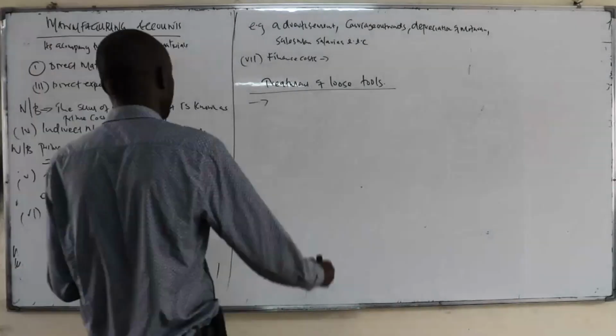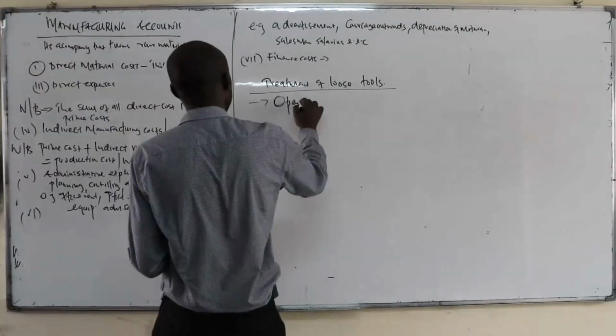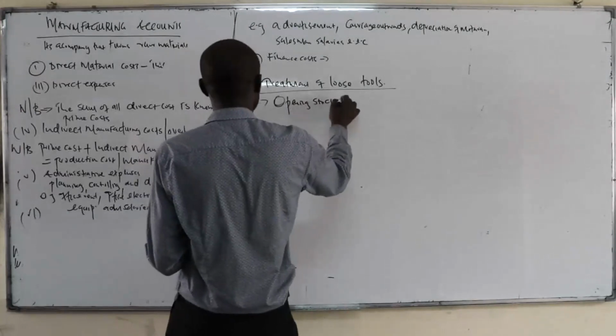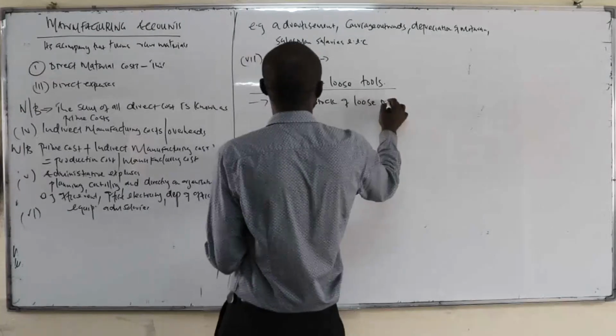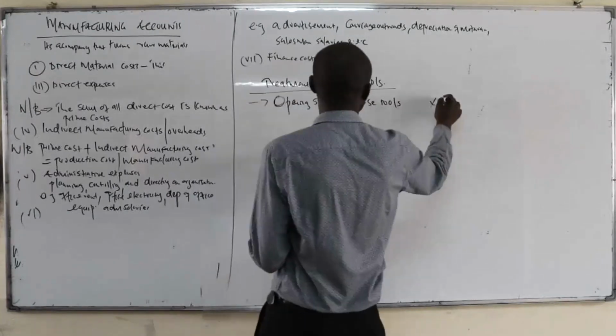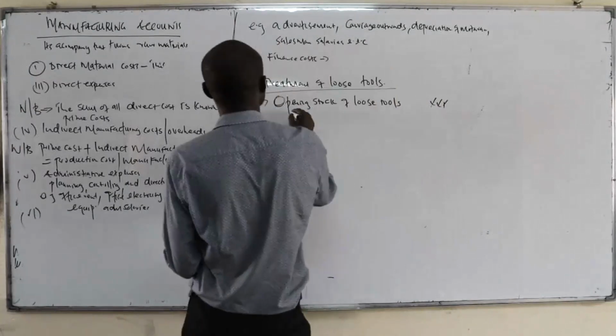It's determined as follows: opening stock of loose tools, then you add purchases of loose tools.